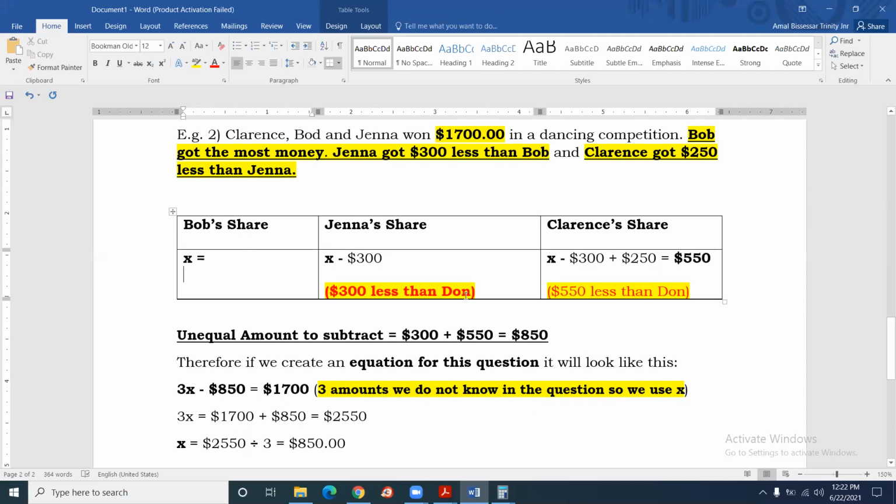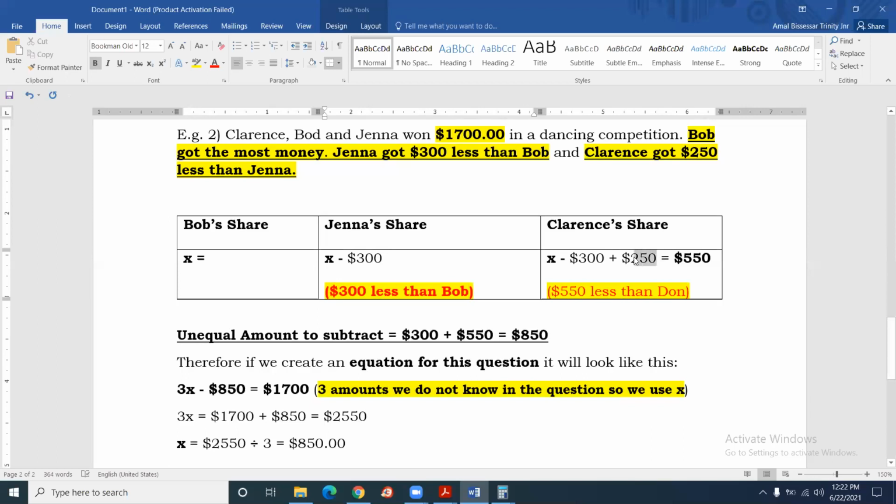I need to just change. I kind of copied over, right? So let me just make that change. Bob here. And then Clarence, again, remember just like the question above, Jenna gets 300 less than Bob.